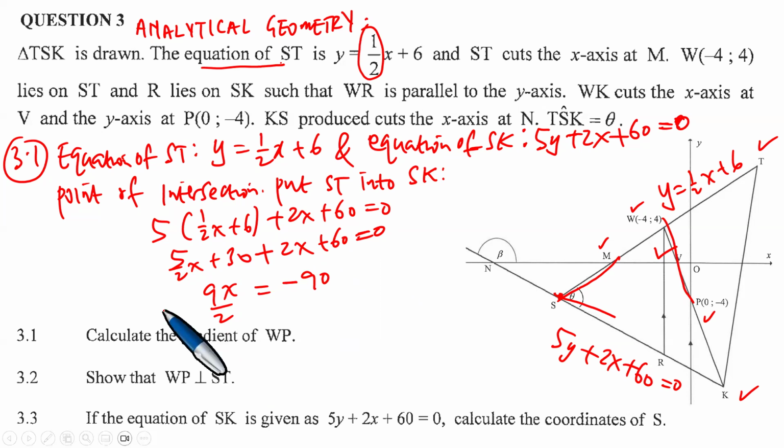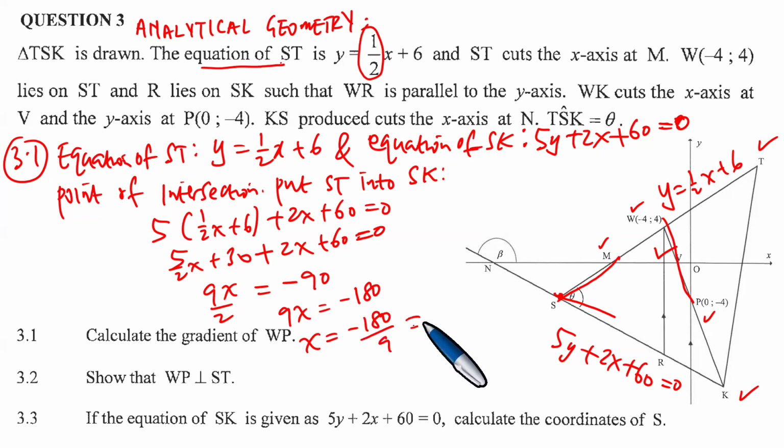We need to solve for x here. To solve for x, you can cross multiply. Then x is 2 times minus 90, which is minus 180. You divide by 9, and this is minus 20.